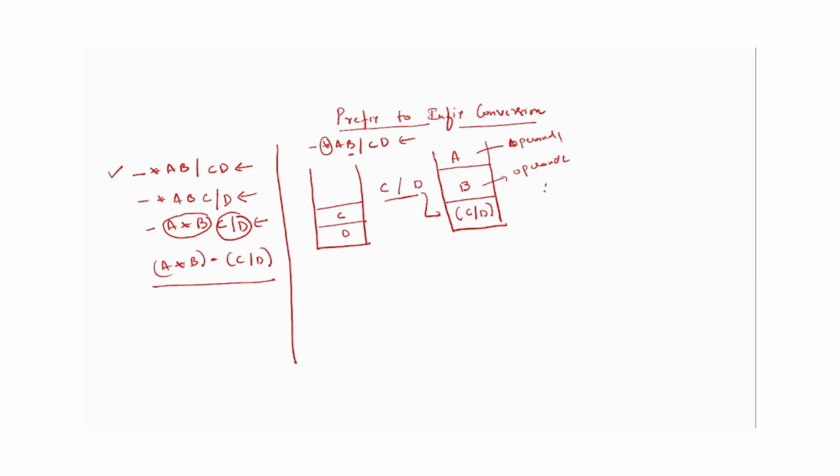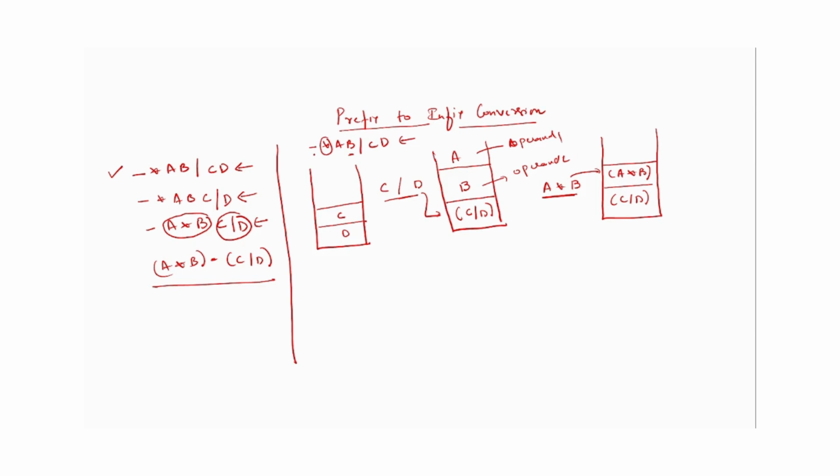Star would be the operator, so I say A star B. The stack now, after we have popped out, would only have C by D. Now we evaluate A star B and push it back into the stack.